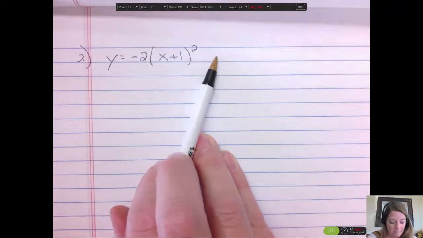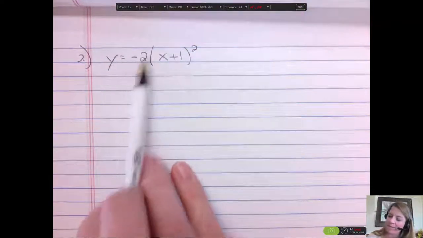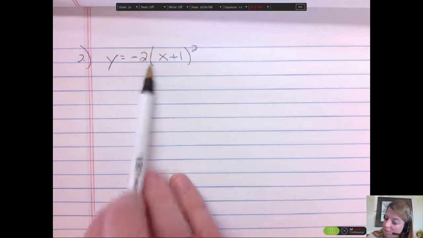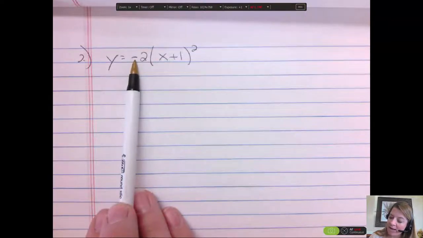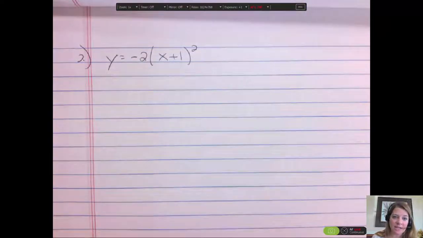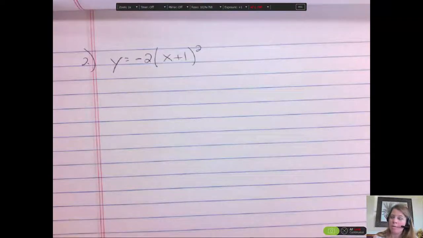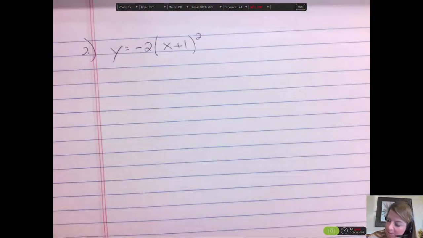So here we are. What can we tell about this if we have the -2 here? Well, we can tell that it is going to be upside down, and the 2 will make it fatter or skinnier. You have to think about that. It's going to make it grow faster, so it makes it skinnier if this number is above or below 1. Okay, so bigger than 1.